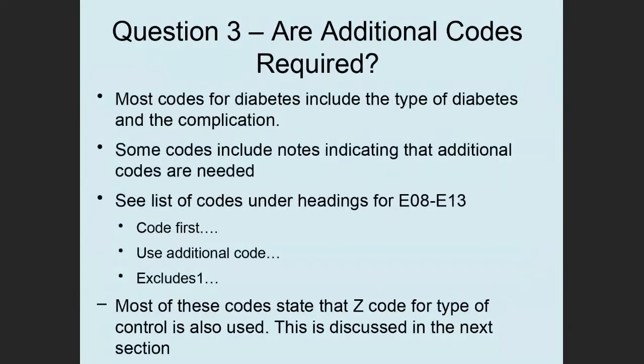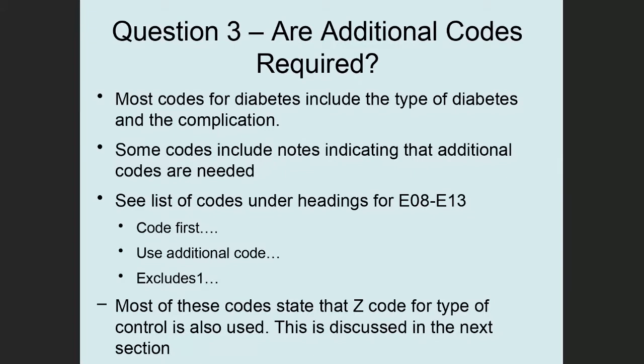So let's start with question 3. Are additional codes required? Most codes for diabetes include the type of diabetes and the complication. And we saw in the practice that we just did how much information is included in the one code. However, sometimes that's not enough.